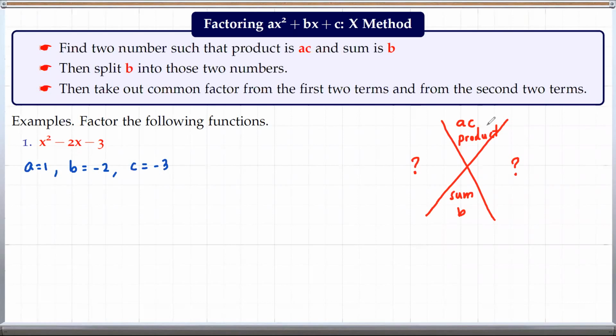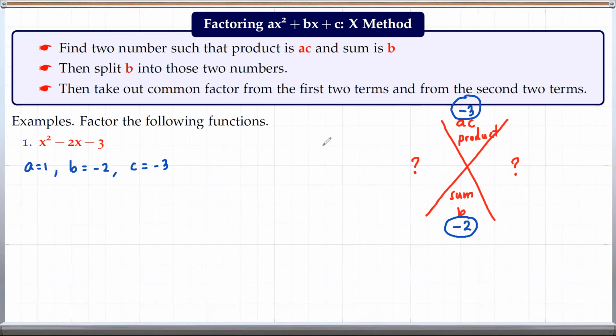So once we have that, we need to look at AC, which is 1 times -3. So put AC over here, -3, and then B is -2. So we need to figure out these two numbers so that the product is -3 and sum is -2.